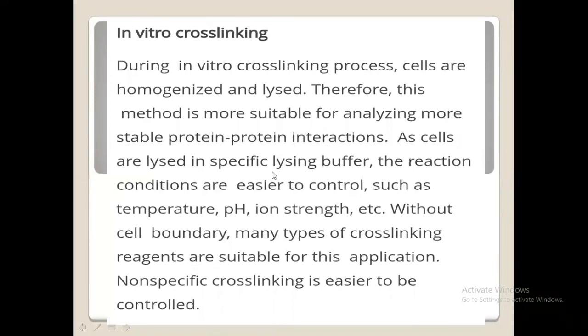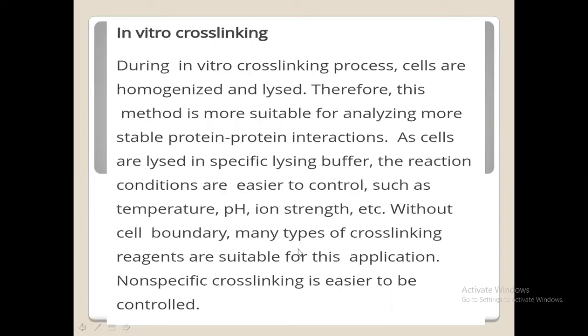This method is more suitable for analyzing more stable protein-protein interactions. As cells are lysed in a specific lysing buffer, the reaction conditions such as temperature, pH, and ionic strength can be easily controlled.